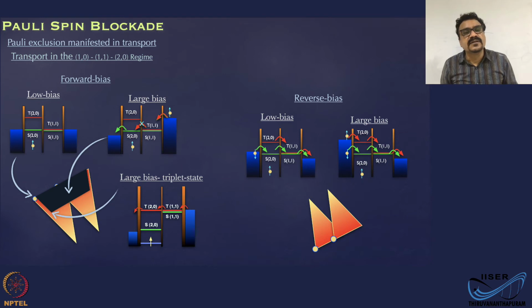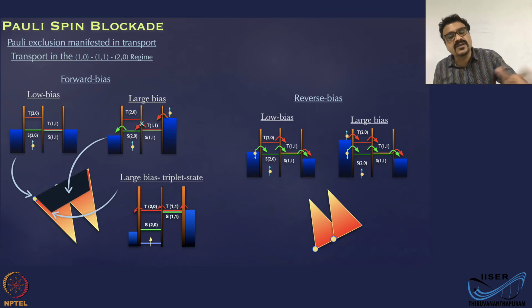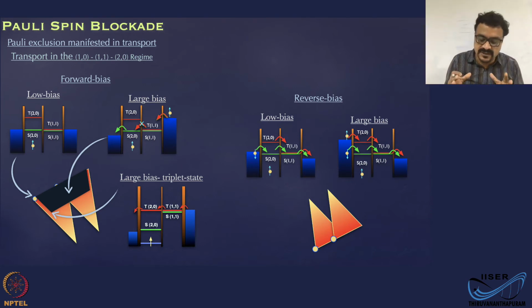Of course, the same thing can also happen in the opposite configuration where you start with (0,1), (1,1) and (0,2). But you will see that will happen at a different bias, basically the opposite bias. That we are not discussing here, but these two phenomena are the same. Let's discuss this charge configuration now. So we have the (1,0) to (1,1) to (2,0) regime.